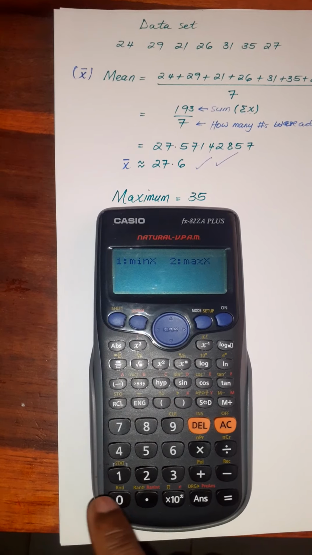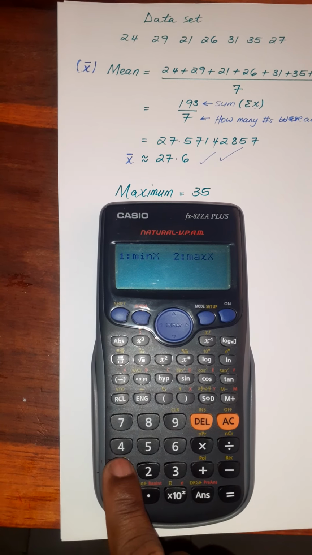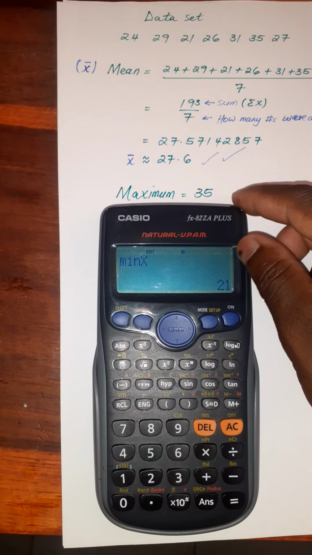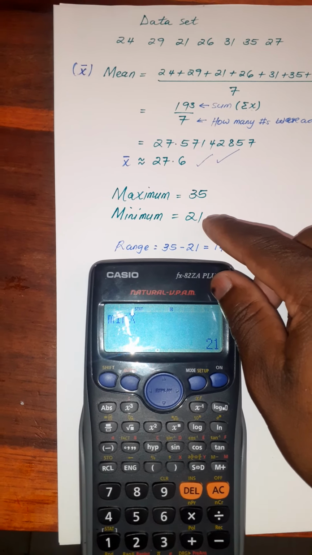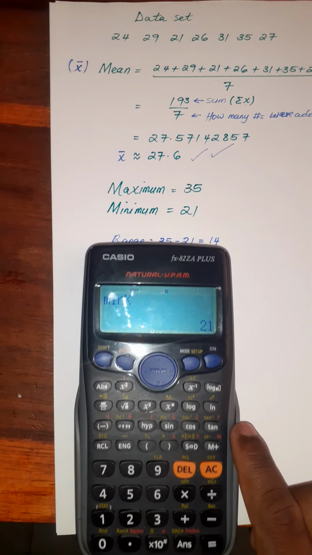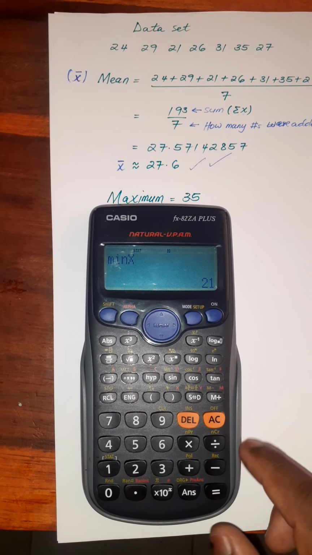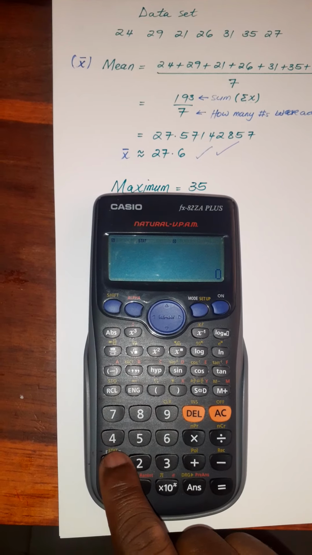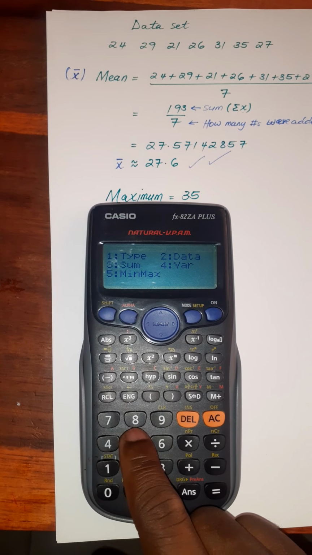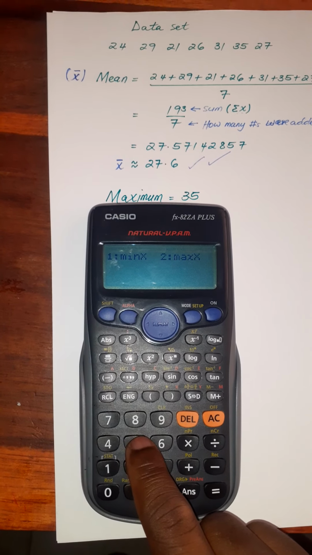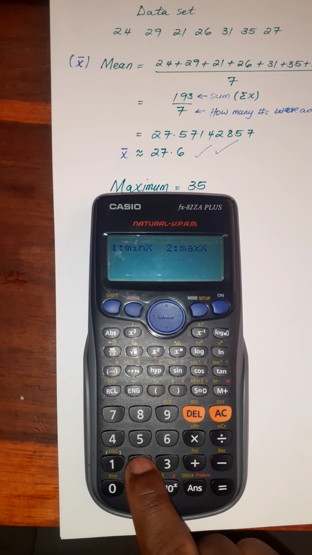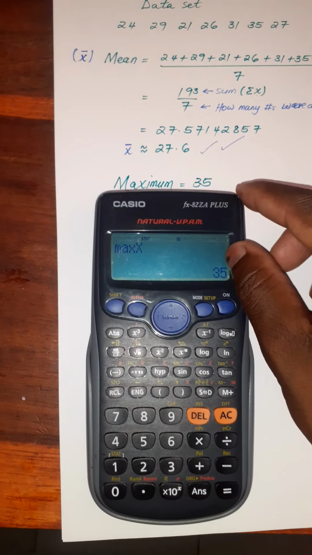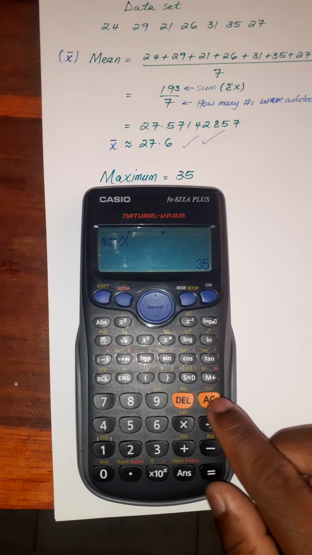Option 1 is the minimum, and then we press equal. The minimum is 21, which is exactly what we have here. And then we can also get the maximum, option 5, maximum is option 2, equal 35. 35 is exactly what we have there.